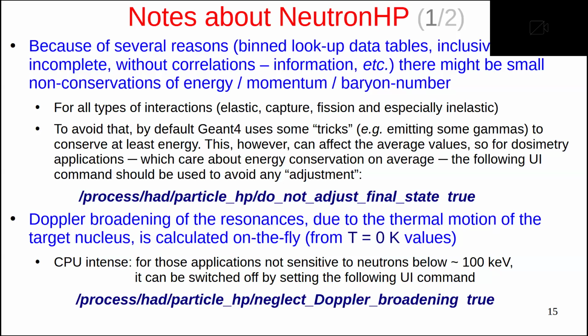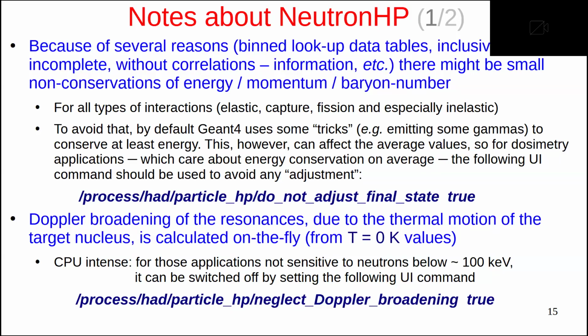This is not a problem for many applications, typically dosimetry, medical physics or nuclear physics, where the most important thing is to reproduce the average value correctly. Also for nuclear reactor studies, you care about the average, which is correct in the long term.